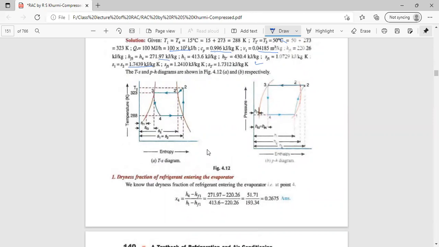H4 is the enthalpy at the point 4, and HF1 is the enthalpy on the saturated liquid line at low temperature, divided by H1 minus HF1.